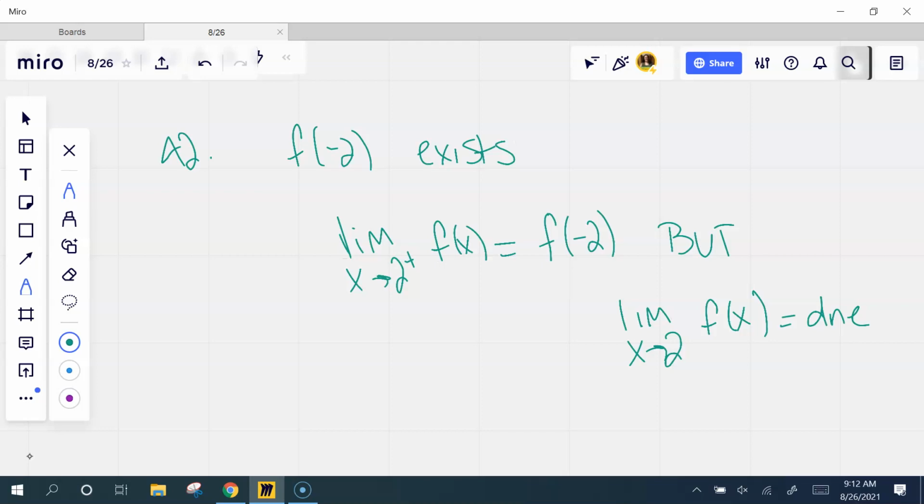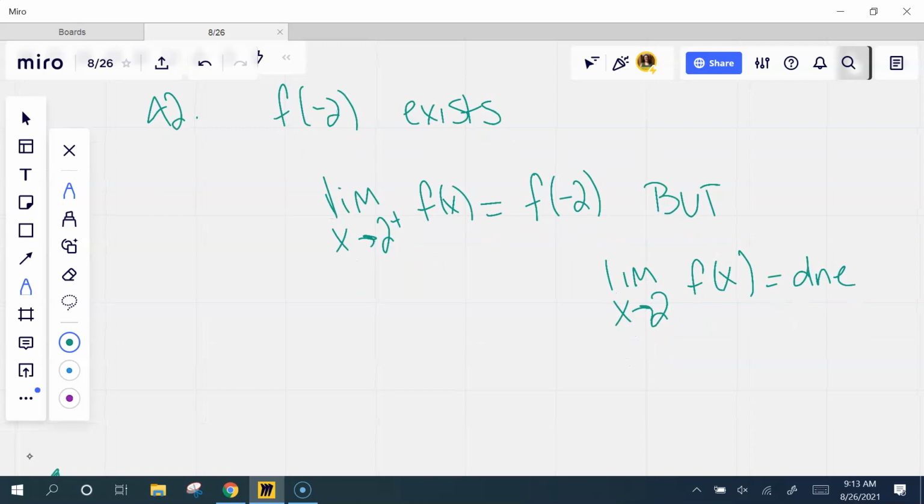The one from the right exists. Yes, it would actually. This is approaching 2. Oh yeah, this is an arrow.